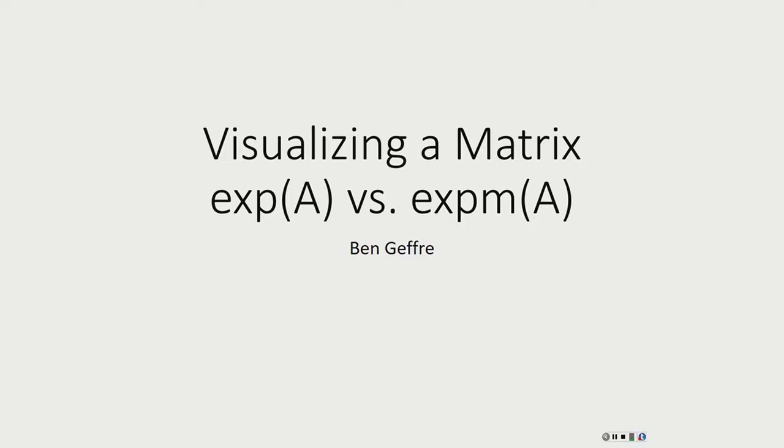Very short. So, visualization of a matrix and the difference in MATLAB between the exponential of a matrix and the matrix exponential of a matrix. So, visualizing a matrix. Well, here I have my sample matrix that I will use for all 4 examples.